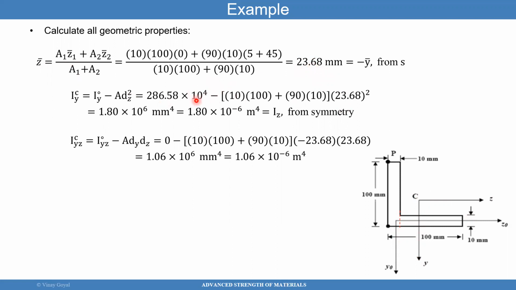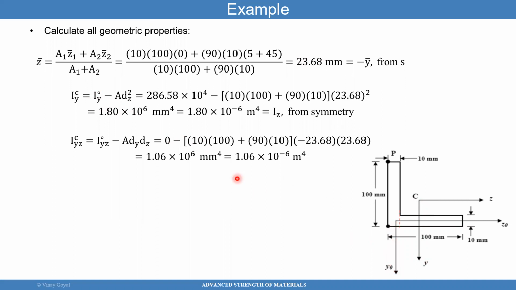You can now determine the moment of inertia about y, which is this axis, for example. I am given what the moment of inertia is about this y-axis, so I know what that value is.